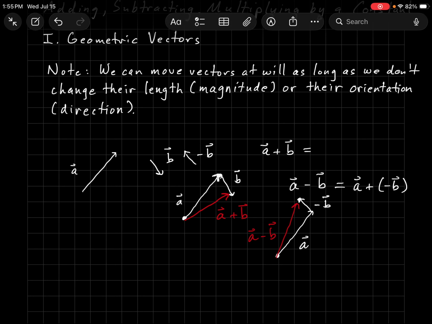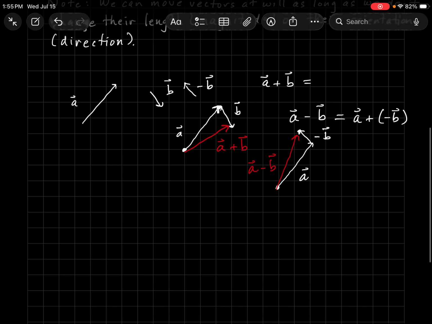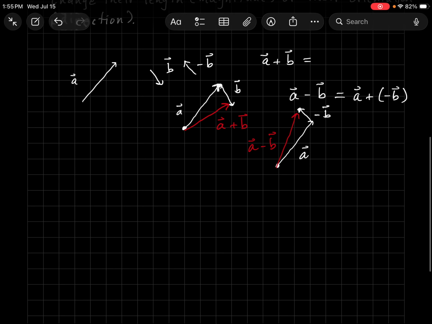In general, in Calculus 3, multivariable, we often think of vector addition and subtraction in terms of a parallelogram. So if I have something like this, if I have A, and I'll draw a slightly different B here. If this is A and this is B, then I could finish off the parallelogram by doing this.